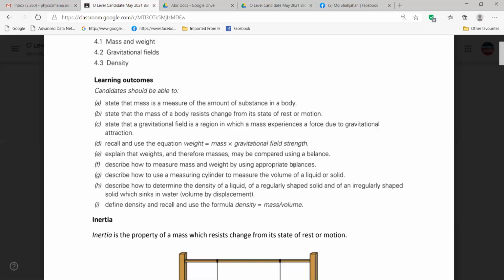We have different kinds of balances. There is a beam balance. You know beam balance. Then we have a top pan balance. And we also have a spring balance.